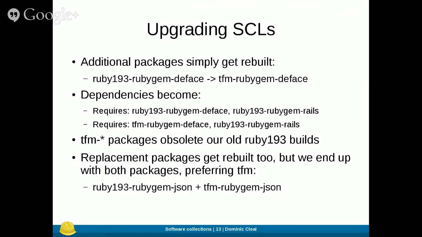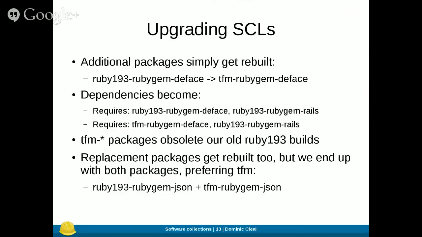In a couple of places we actually overwrite and ship newer versions of packages in the software collections themselves. We do this with sprockets today, so Ruby 193 ships a particular version of sprockets, and we ship a newer version. They have the same package names, but with our own collection, we would be shipping an additional package. So you'd perhaps have, if it's JSON as an example that came up the other day, Ruby 193 JSON, and you have TFM JSON.